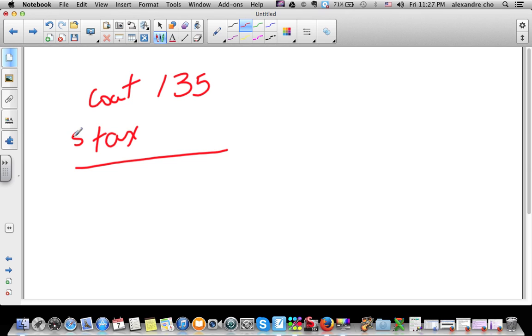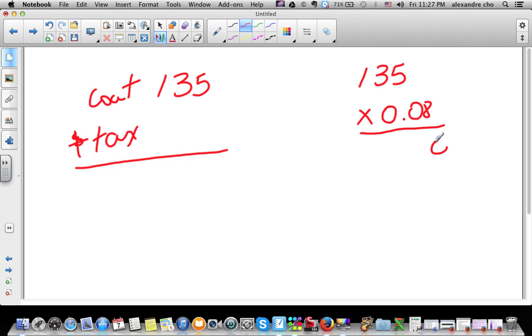So we're going to find out what the tax is. So it's 135, and we're going to take a piece out of the 135, which in this case is 8%, or remember, as a decimal is 0.08.